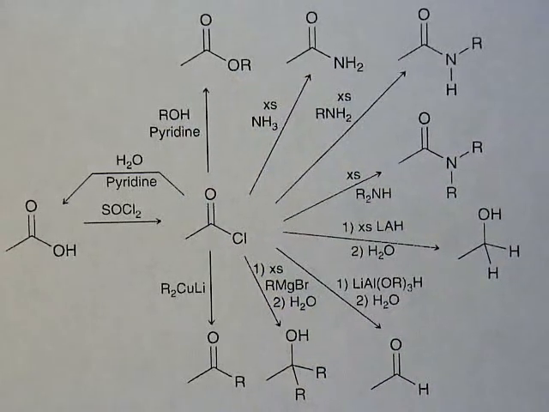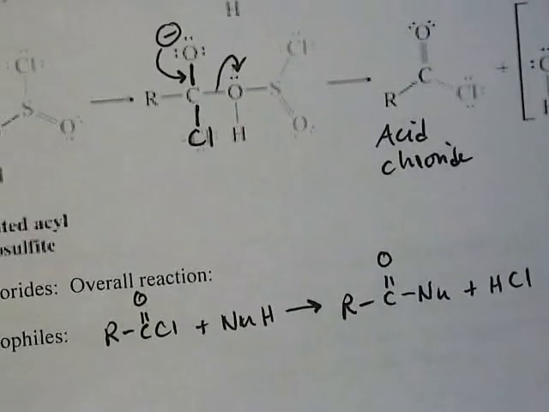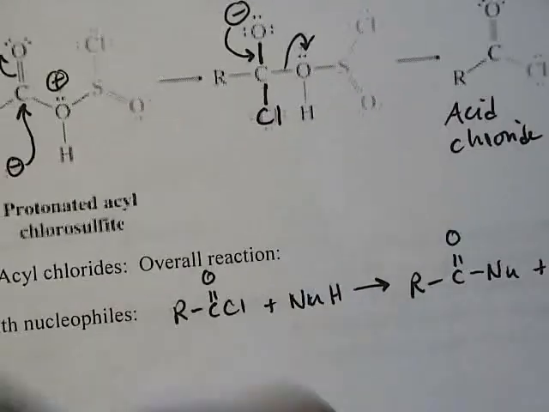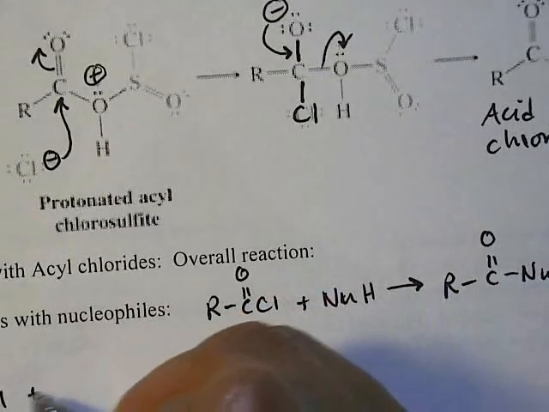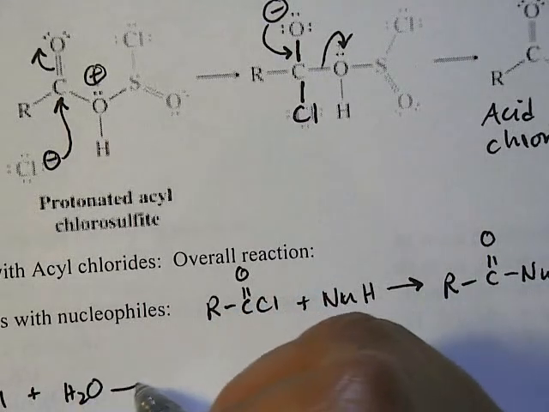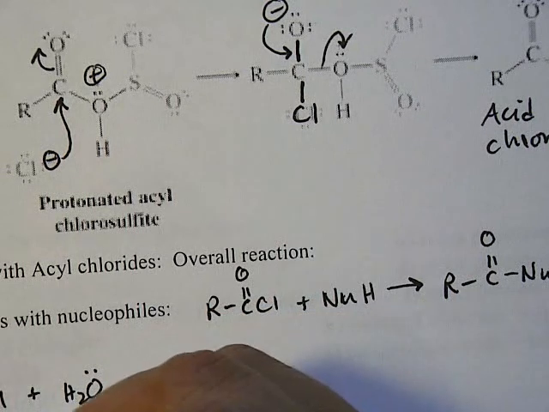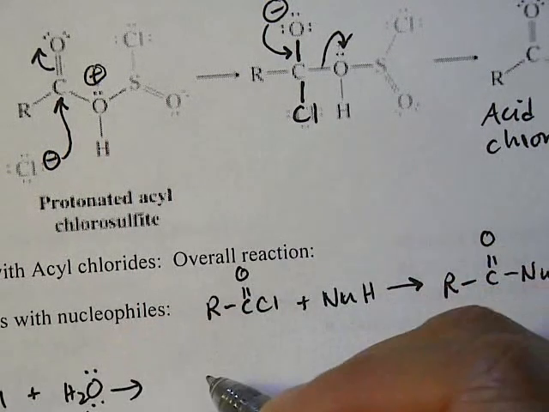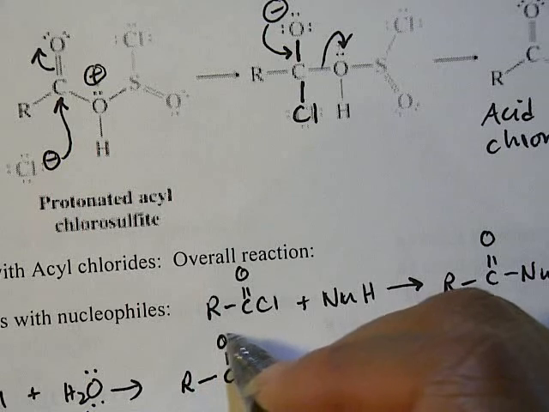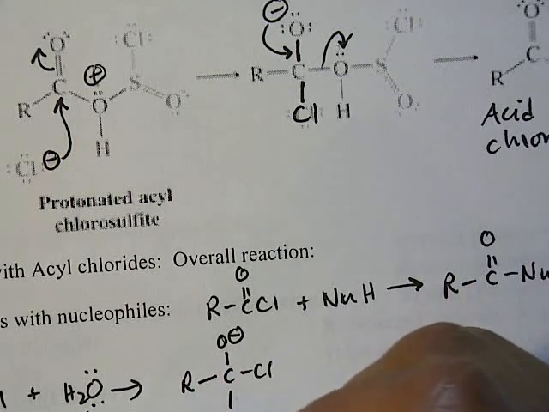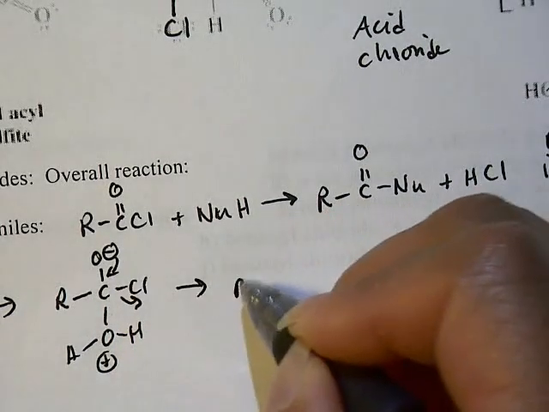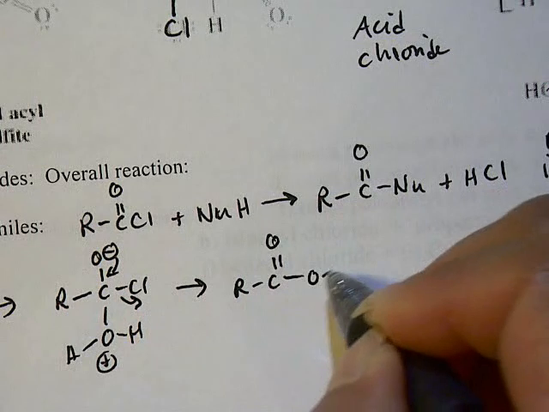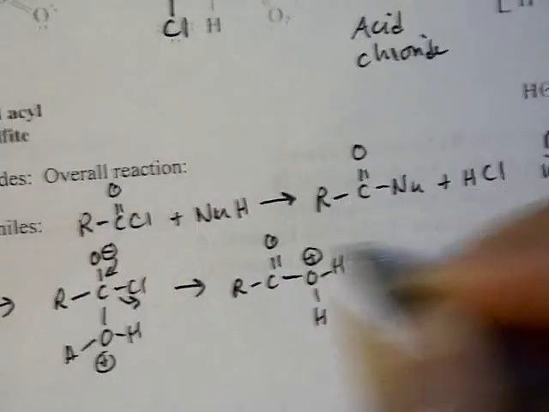Okay. So just so that you know how to draw the mechanism, you start with the acid chloride, and let's say you're doing a hydrolysis, then this is going to react, and then this is going to come down and make the chlorine leave, so you almost have the product.